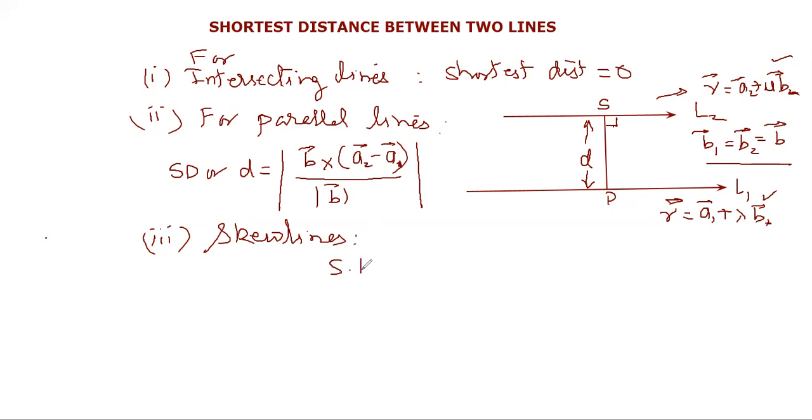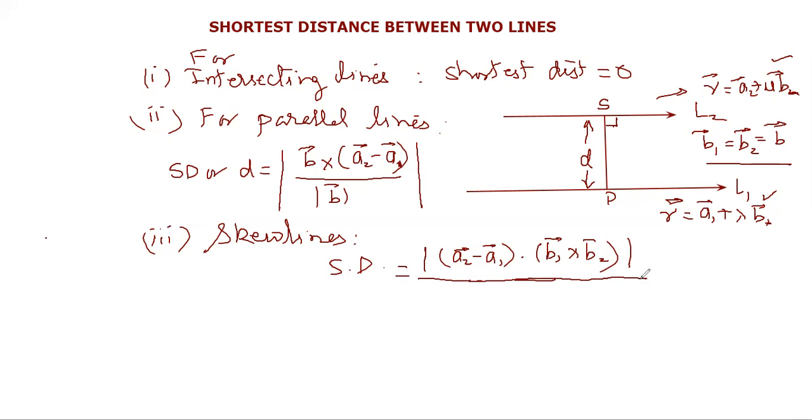Therefore, the shortest distance can be calculated by this formula: absolute value of A2 minus A1 vector dot product with B1 cross B2, and this whole divided by the magnitude of B1 cross B2.